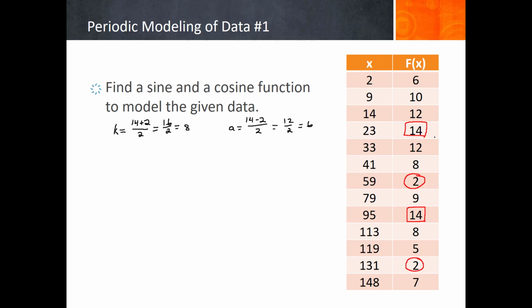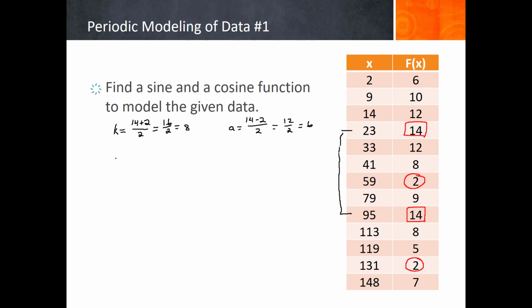To find the period, we want the distance from one maximum to another maximum. The first maximum is 14, and it occurs when x is equal to 23. The next maximum occurs when x is 95. So we want to know how far it is from 23 to 95.